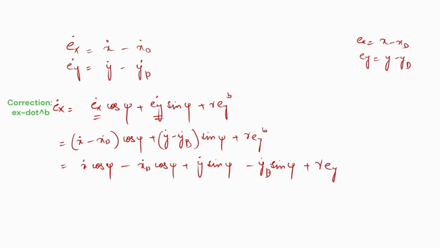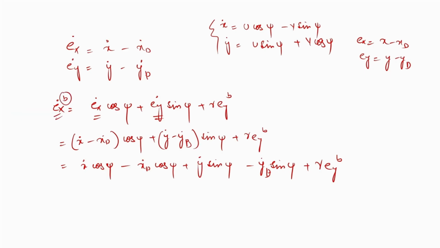Now from the kinematics, we know x dot is equal to u cos of psi minus v sine of psi, and y dot was equal to u sine of psi plus v cos of psi. So I'm going to simply substitute these values in the e x dot in the body frame. So please note this is in the body frame.